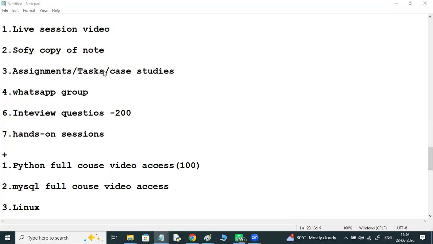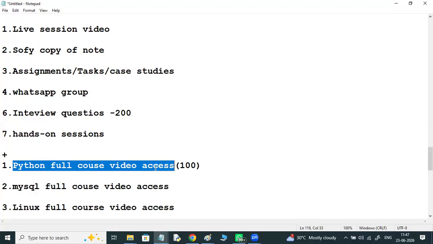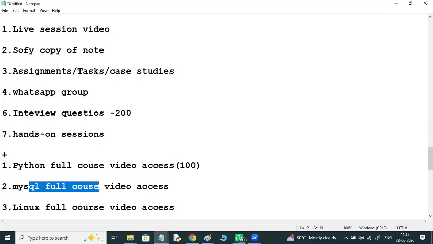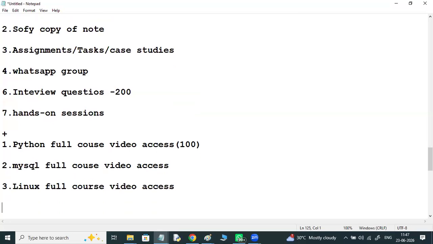Yes, including Linux shell scripting. So this is Mr. Durga's video access: Python full course, Linux also the same, and MySQL. So apart from this, right? Yes.